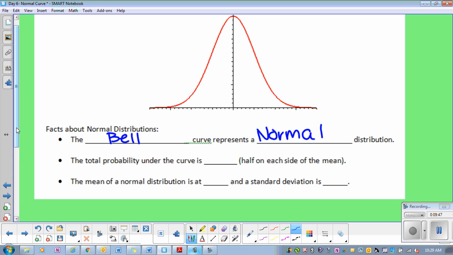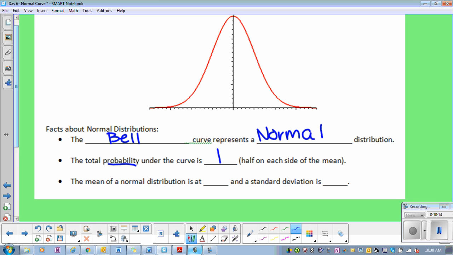The total probability underneath that curve, the whole thing, is 100%. But since we're talking about probability, not percentage, the total probability underneath that curve is 1.